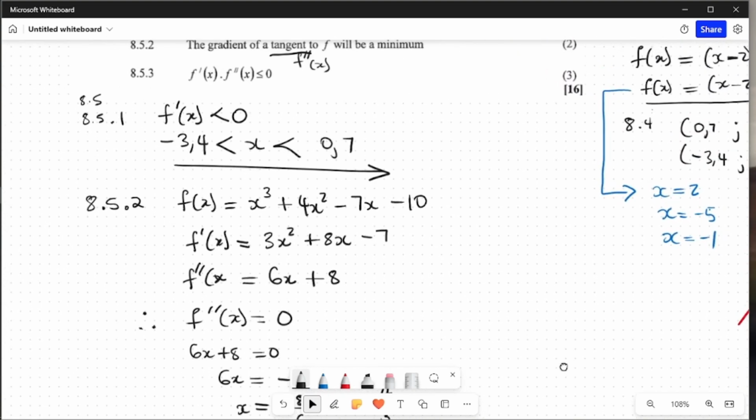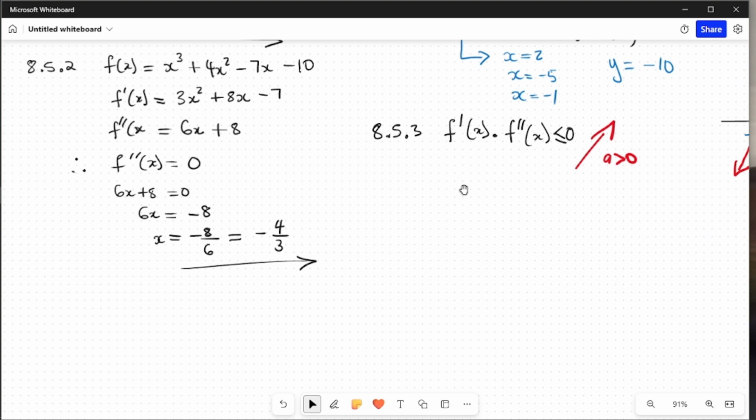Question number 8.5.3 is asking for the first derivative times the second derivative to be less than or equal to 0.